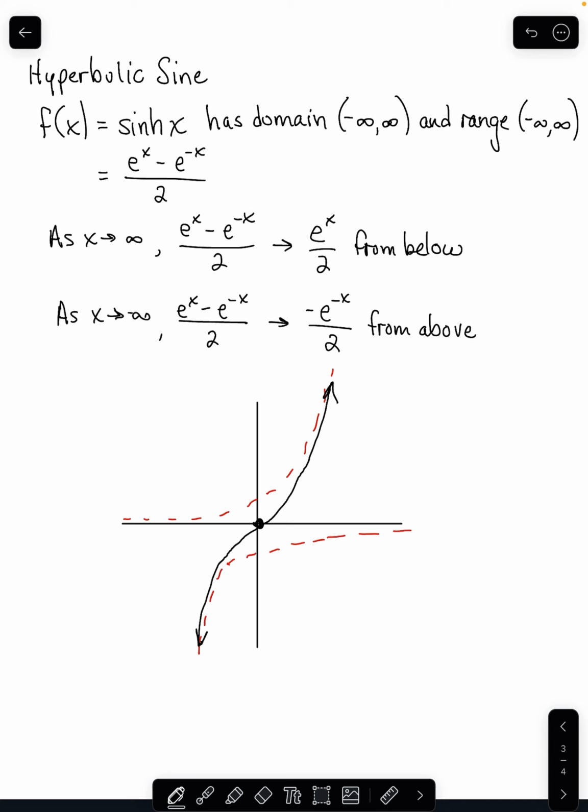There are 4 more hyperbolic functions. The 2 basic are hyperbolic sine and hyperbolic cosine, but we can, of course, have hyperbolic tangent. Hyperbolic tangent is, of course, as we already showed, the hyperbolic sine over the hyperbolic cosine.